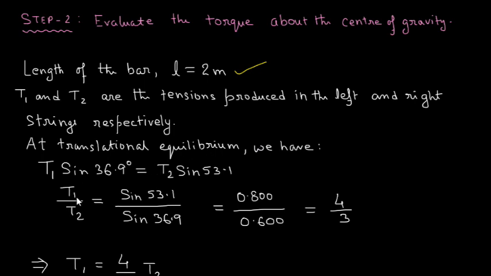If we do the cross multiplication, the ratio of T1 and T2 can be found as sin 53.1 upon sin 36.9. Once we put the values, we get 0.8 upon 0.6. Upon solving, we get 4 by 3. Therefore, T1 is equal to 4 upon 3 multiplied by T2.